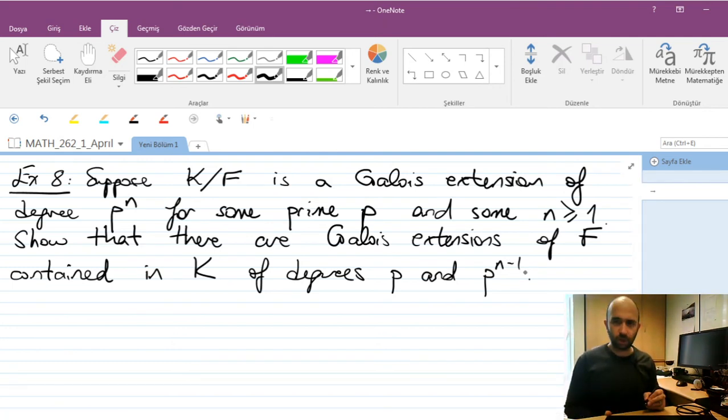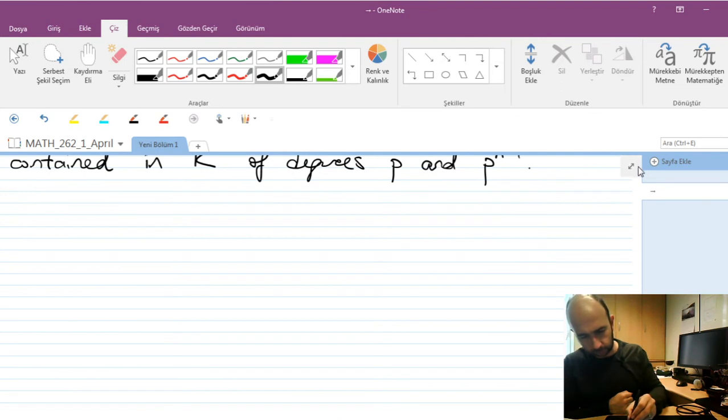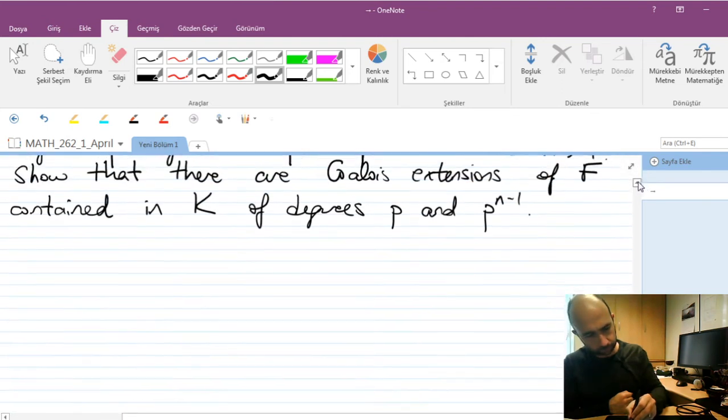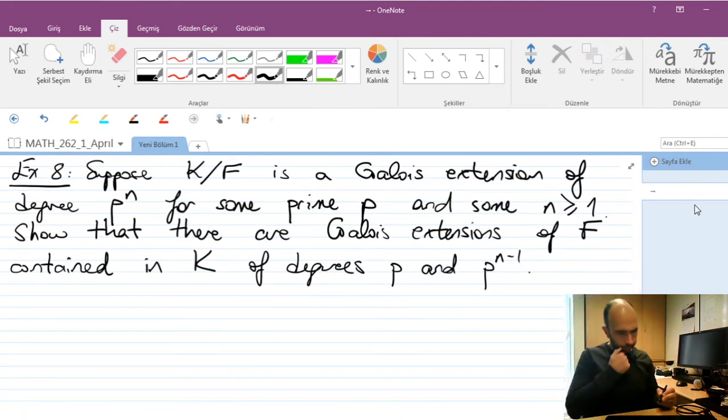Okay, now we'll prove something a little bit stronger. Now the fundamental fact is the Galois correspondence.